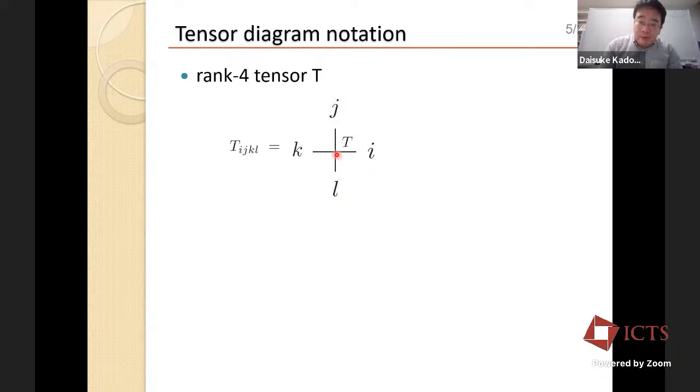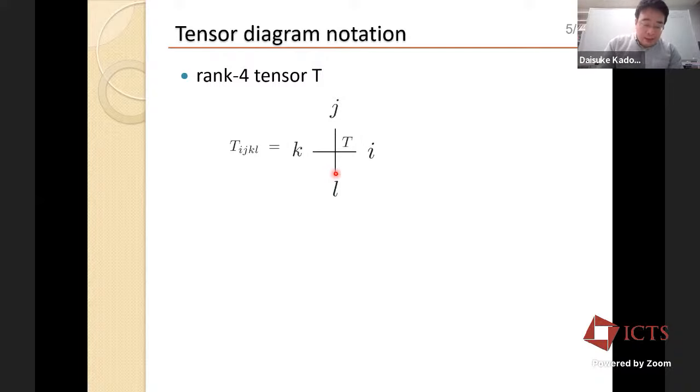These four links correspond to the indices of the tensor, and you can decide how to arrange the indices as you like. So I arranged i, j, k, l counterclockwise to correspond to these four links.